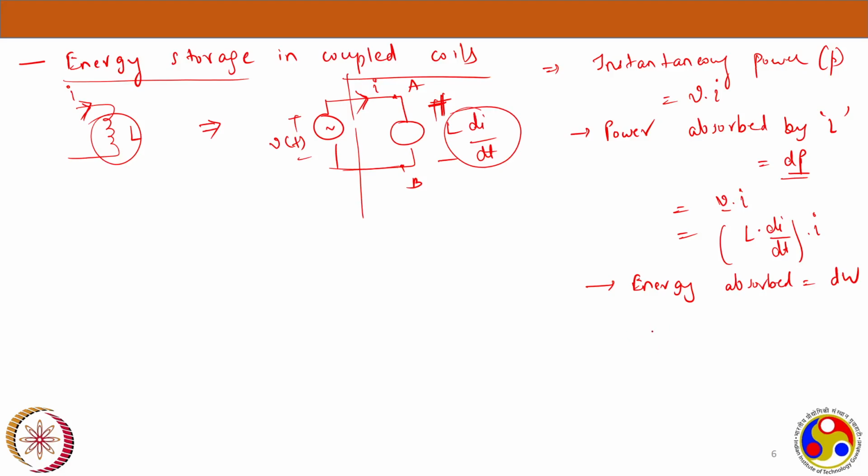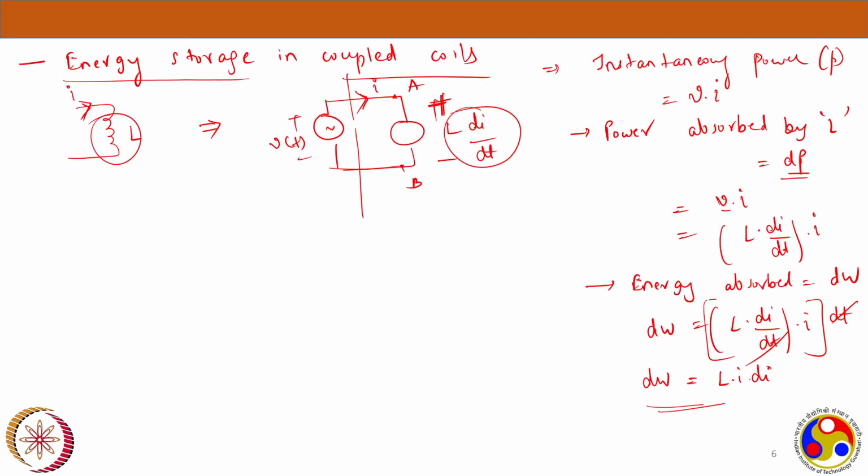Now dW is nothing but power multiplied by dt. The power I already know, which is L di by dt multiplied by i, whole multiplied by dt, then you get the energy in joules. Now this dt gets cancelled. What you are left with is dW equals L i di, right?